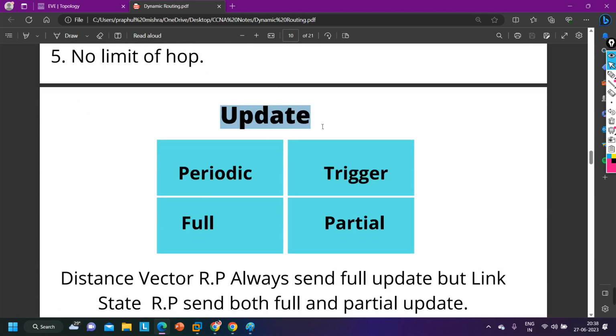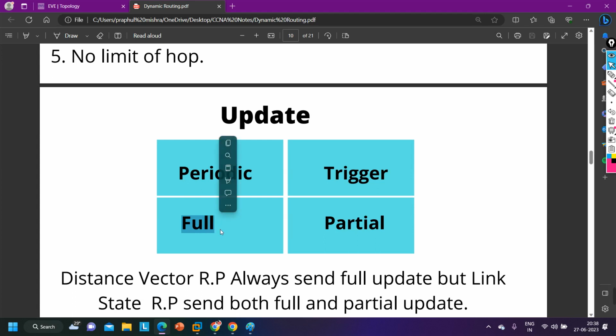Then if I talk about the update, guys, there are 4 types of update: periodic and trigger. Periodic can be full and it can be partial, and trigger can also be partial and full. Partial means only changed information, and full means the complete information.